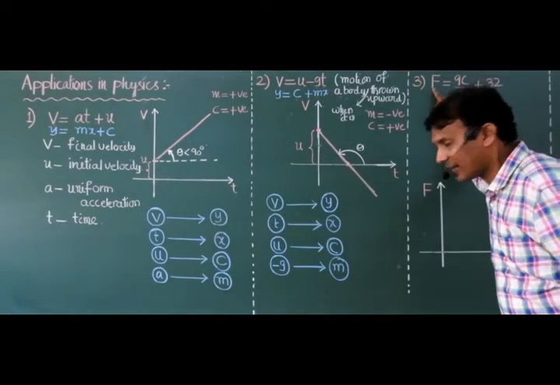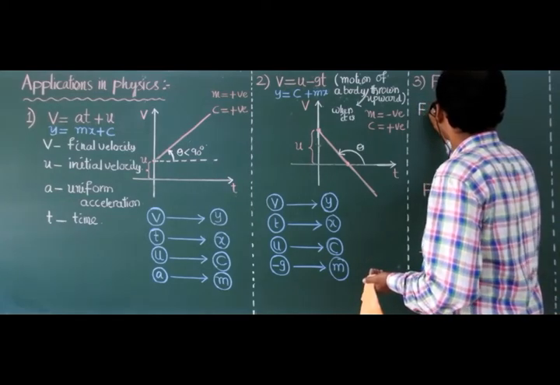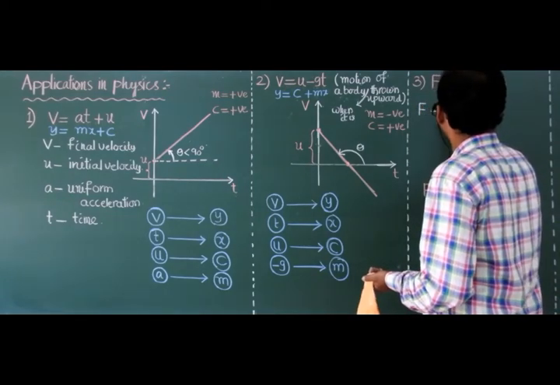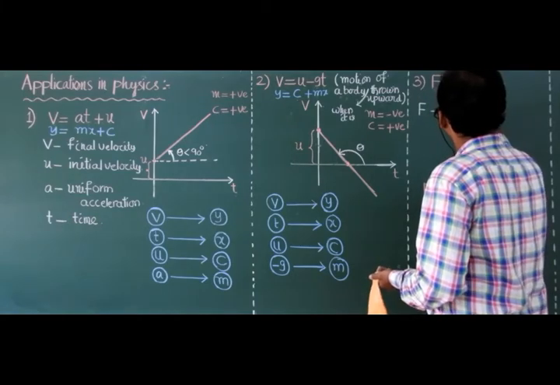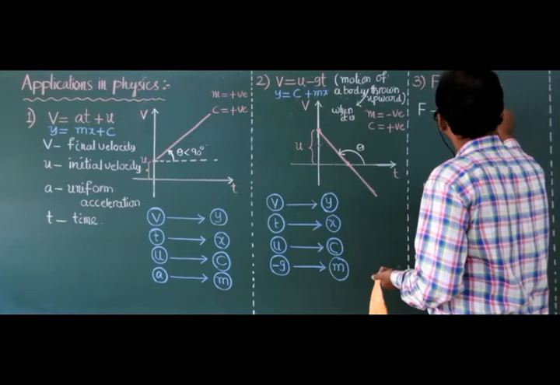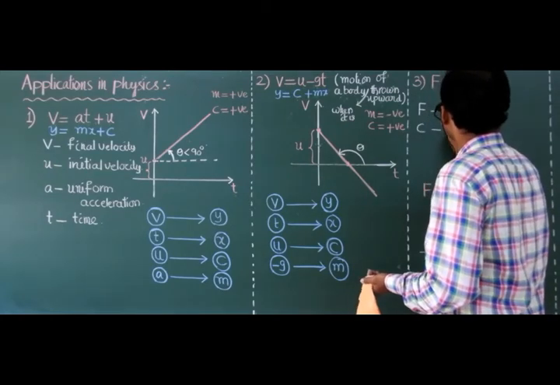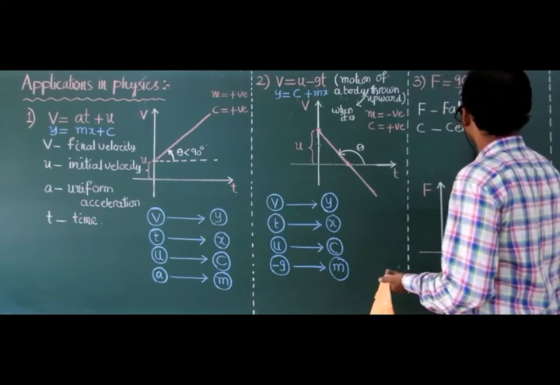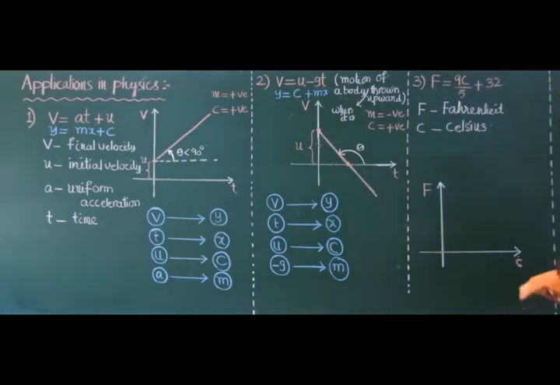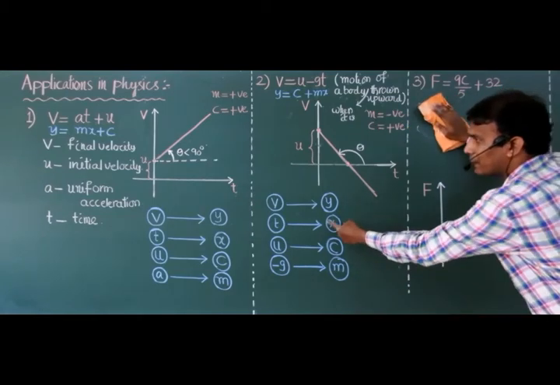Here I will write F, Fahrenheit. C, Celsius. Okay? But here I don't have space because I want to compare like this.